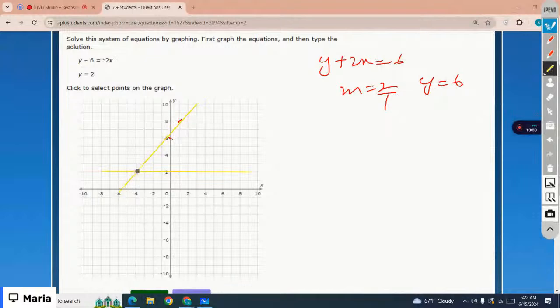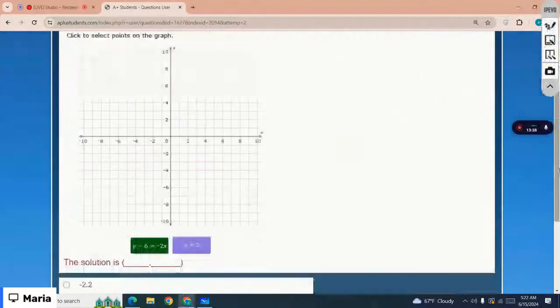So here is the point of intersection. That is x is -4 and y is 2. So the solution of this is x equals -4 and y equals 2. That is -4 and 2 is the solution of the equation.